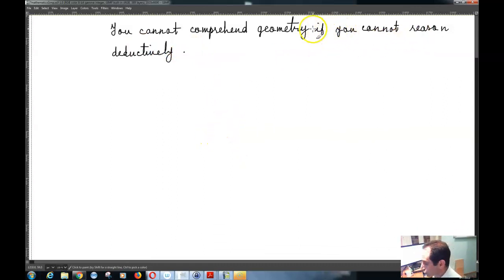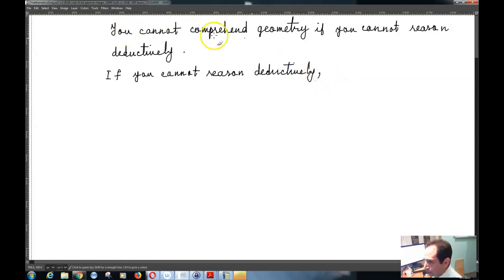Now I suppose you should rewrite this sentence as: if you cannot reason deductively, you cannot comprehend geometry.